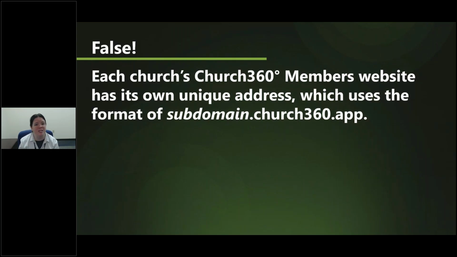If I put in just church360.app or 360members.com, it's not going to go anywhere. It might go to our help center, but it won't go to your direct site. So you do want to keep in mind that you know what that subdomain is, what that URL is. Just make a note, take a picture as needed, so that you can always access it from any sort of device that you might need.